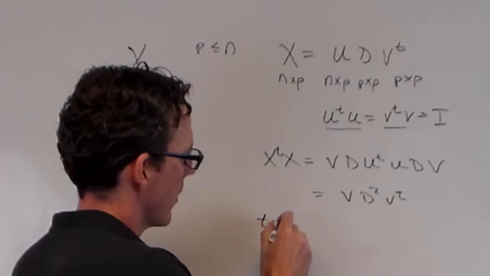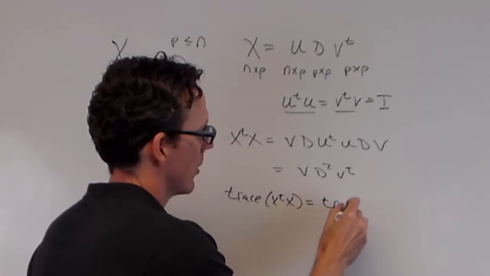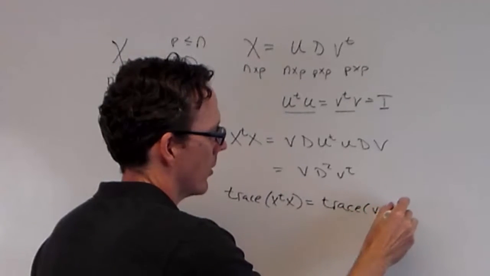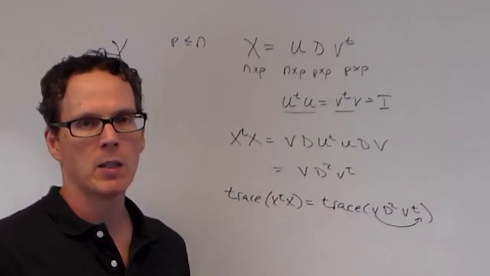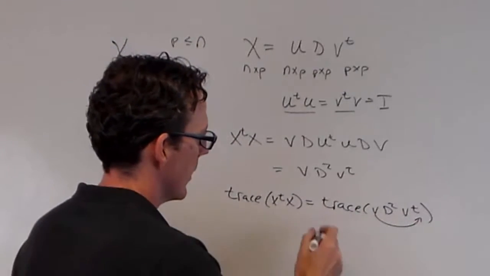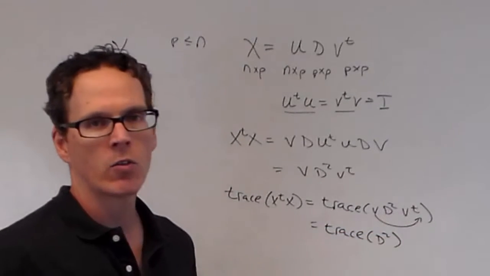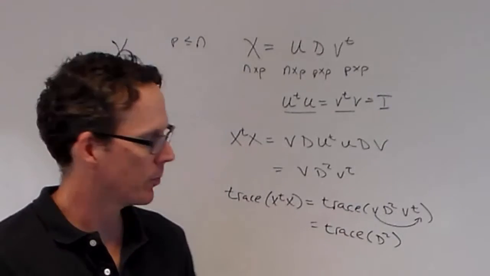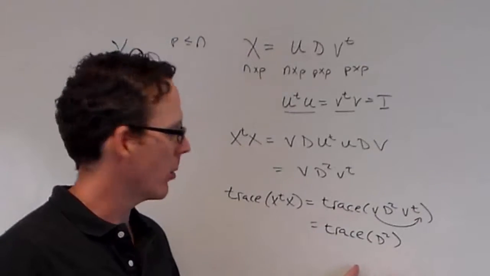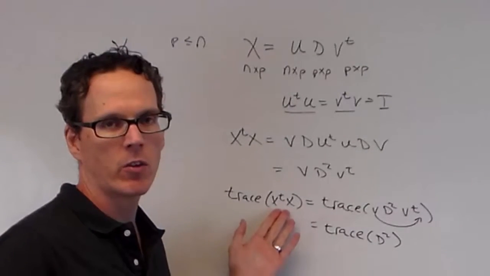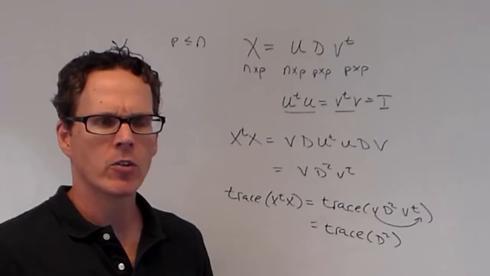And so consider the fact that the trace of x transpose x is equal to the trace of v d squared v transpose, and then I can move that v over there, since trace AB is trace BA, v transpose v is I, so the trace of x transpose x is equal to the sum of my squared singular values. And so what this means is the eigenvalues are summarizing the variability, in the sense that the trace is the total variability in my x transpose x matrix, the sum of all the diagonals, the sum of all the variances.